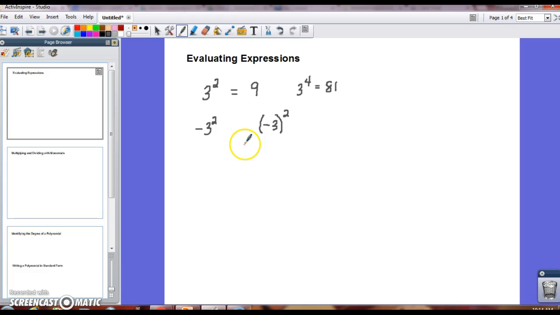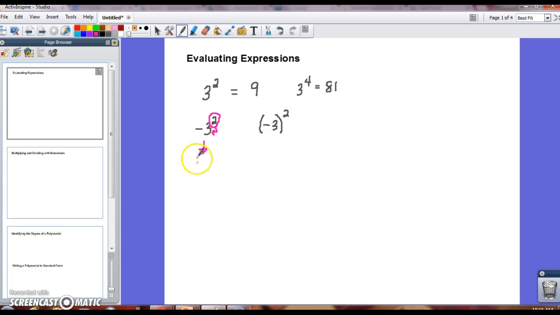But mathematically, they're different as well because they do produce different answers. When you have a negative in front of a number and there's no parentheses, here's the one thing you want to remember. This exponent only applies to what it's directly next to. That 2 is directly next to the 3, so it actually only applies to the 3. It doesn't also apply to the negative in front of the 3.